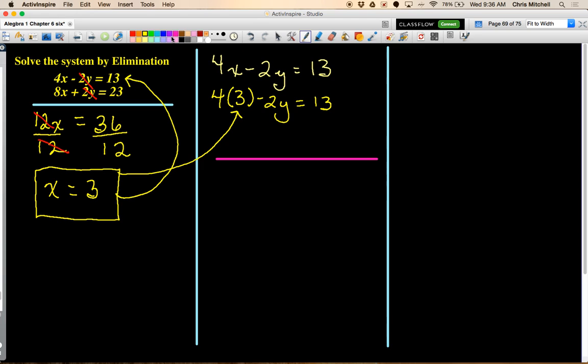So let's go ahead and finish this. 4 times 3, I can go ahead and erase my arrow a little bit. We don't need that.